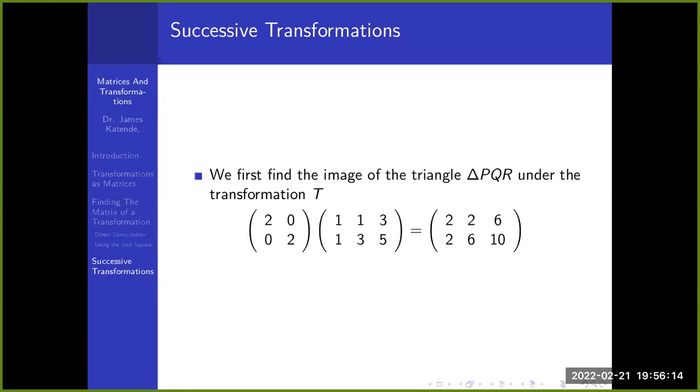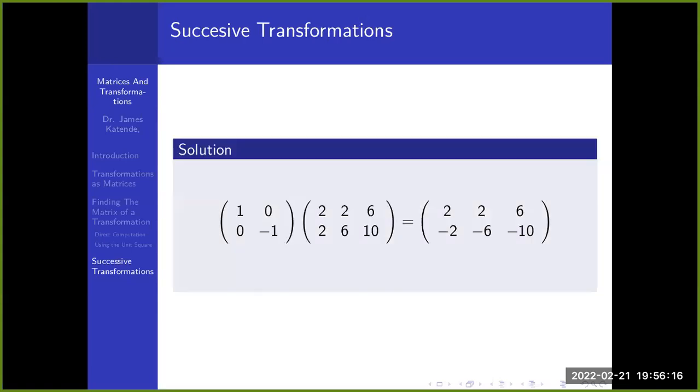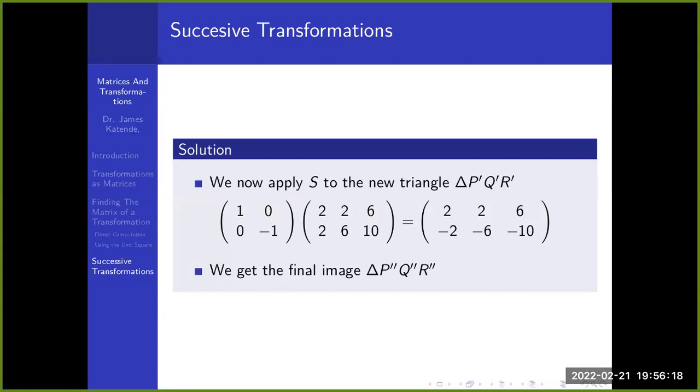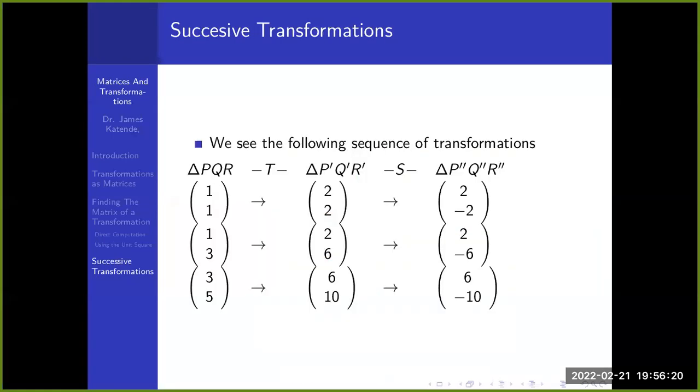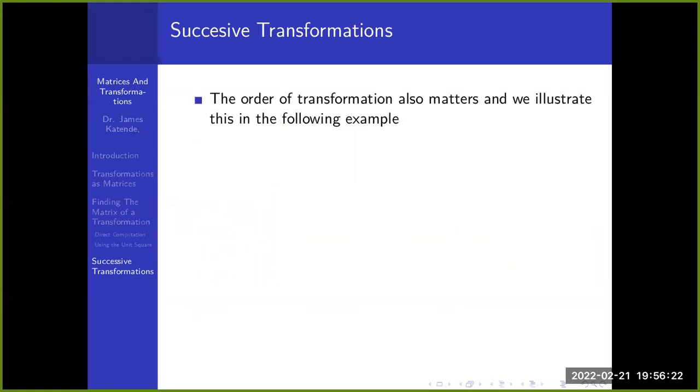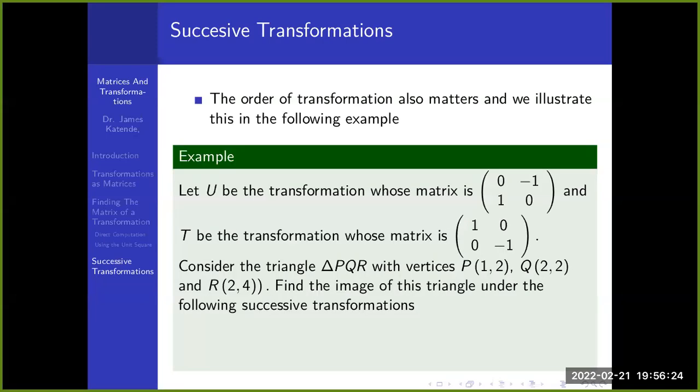Yes. Okay. So we will still see the reversed order. Now here we have another pair of transformations. We have U and T. So U is this matrix 0, -1, 1, 0. You can try to figure out what this matrix represents.